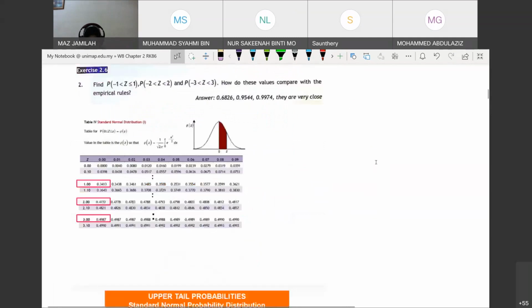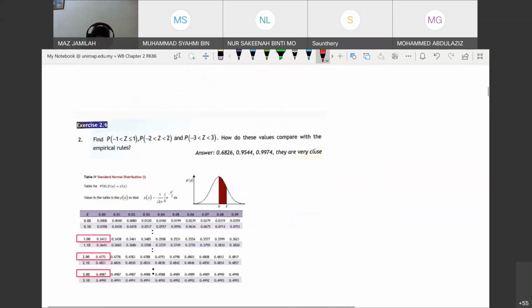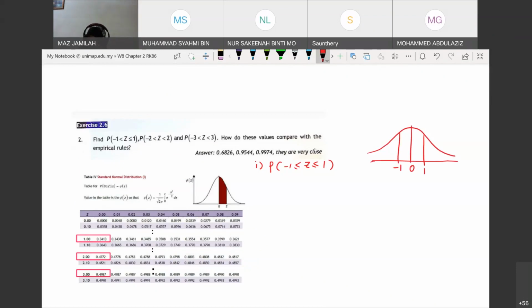So how does that relate to these particular equations? Simple. If you are talking about the first one, P(-1 < z < 1), you are talking about this particular area, z equal to -1 or 1.